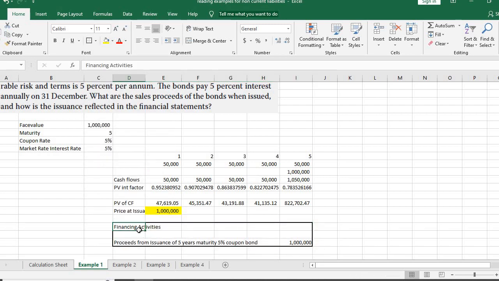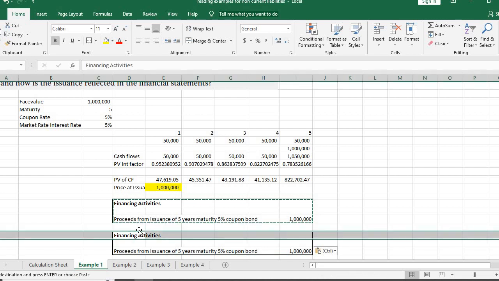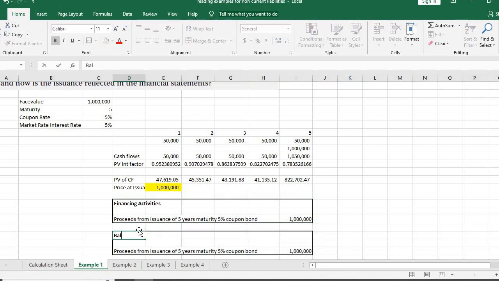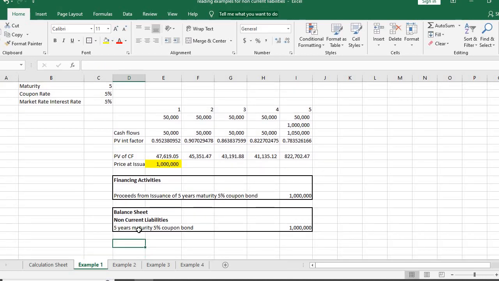On the year-end balance sheet, we're going to reflect it as non-current liabilities, and it's going to reflect like this on the balance sheet.